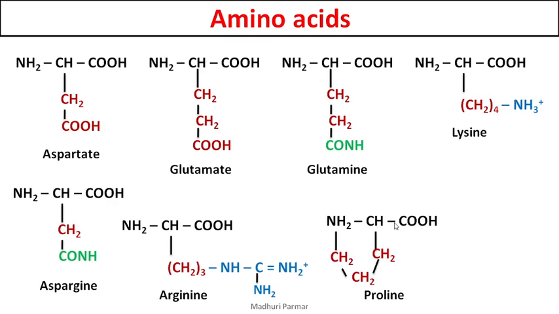Then you have proline. Proline is very different from other amino acids. See, it has CH, and then the R group has CH2, CH2 and CH2. But instead of it being CH3, that last carbon is attached to the nitrogen of the same amino acid. So it again forms a house-like, pentagon-like structure, and the R group has a covalent bond with its own amino group.